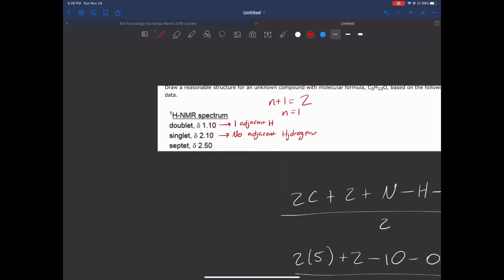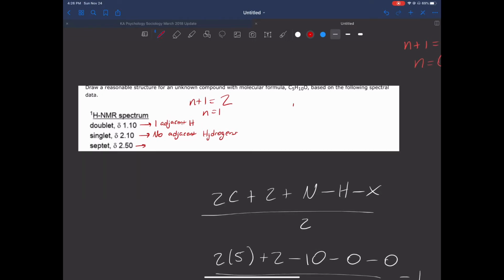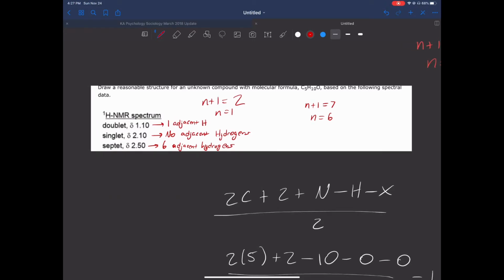Now, this septet, sept means 7. So n plus 1 equals 7. Subtract 1, n equals 6. 6 adjacent hydrogens. Okay? So we have singlet with no adjacent hydrogens, doublet 1 adjacent hydrogen, septet is 6 adjacent hydrogens.